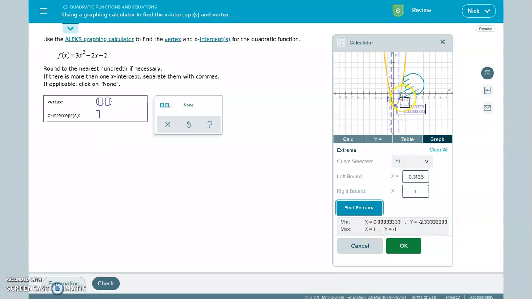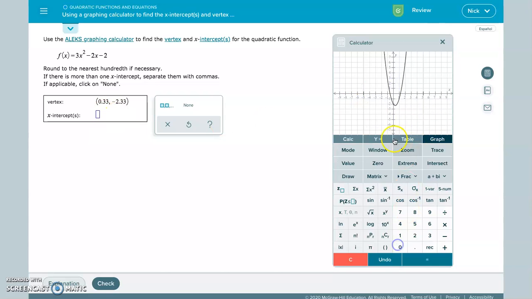The maximum is just on that range. We don't really care about that because that's not our vertex. So that'll change depending on where you put your bounds, but your minimum should not for this graph since it is concave up. So I'll just come over here, and it says round to the nearest hundredth, so 0.33, and then negative 2.33.